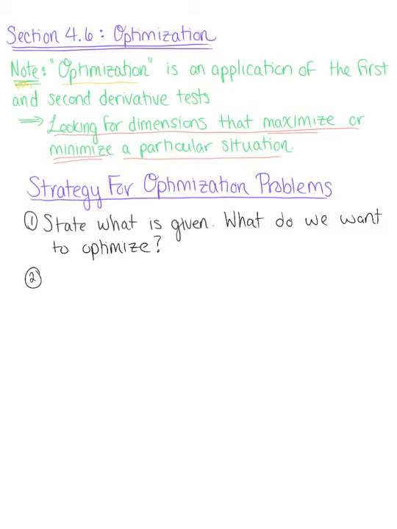Step number 2, draw a picture when applicable. So to better help us understand a situation, it can be helpful to sketch a picture, particularly with geometric optimization. Step number 3, we want to define a constraint equation.